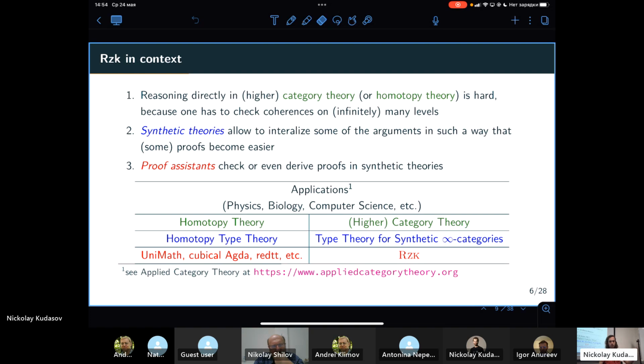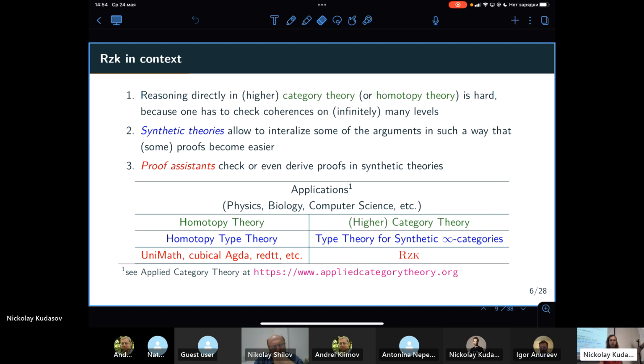And then for homotopy type theory, we have a lot of different proof assistants or libraries in proof assistants that are not necessarily homotopical in nature. For example, UniMath is a library for Coq.